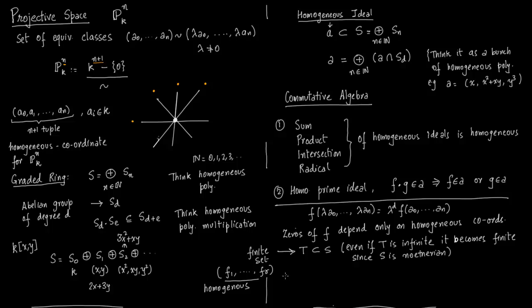But now we talk about homogeneous polynomials. That is why we can always talk about T as a finite set. Now the vanishing set of a homogeneous polynomial f, or zeros of f, is precisely what it was before: all the points in the projective space where f of p is 0.